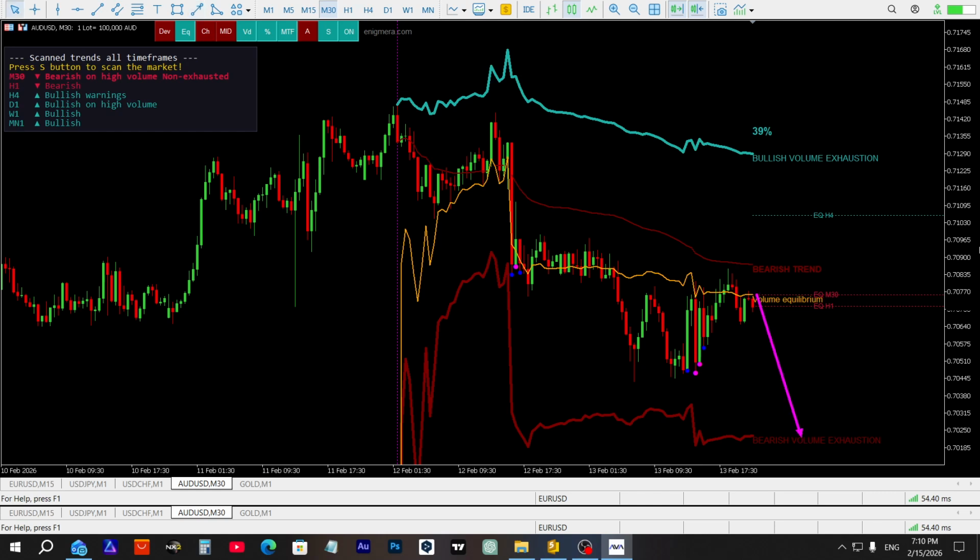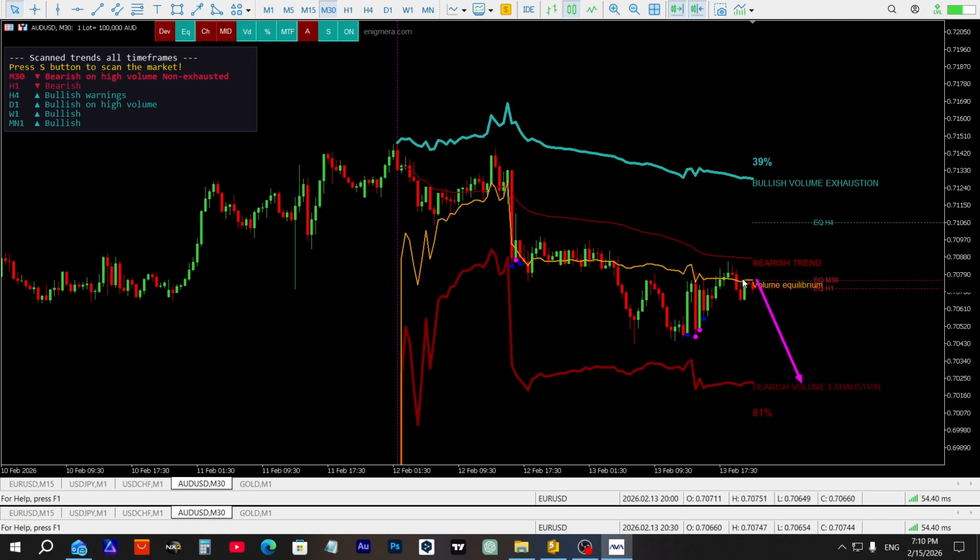Presently, the market is on liquidity line here. My estimation is the market to drop from this point to bearish volume exhaustion, or alternatively to drop from the bullish deviation line.